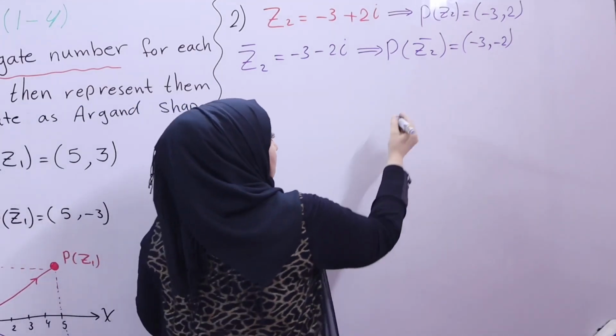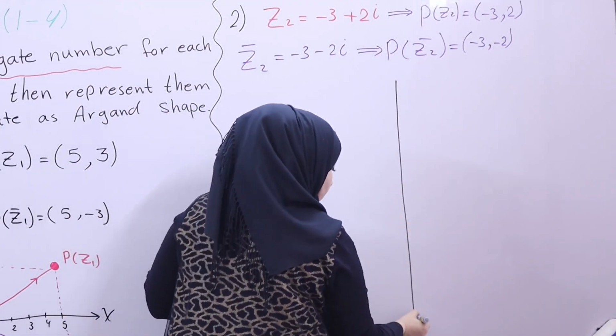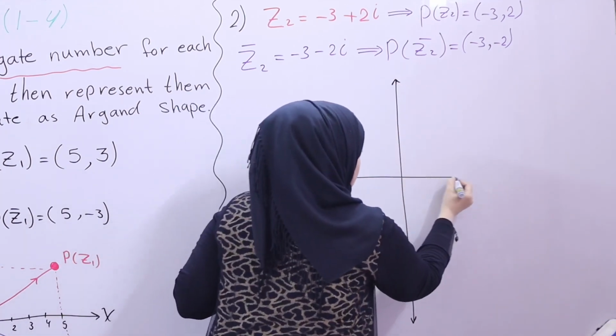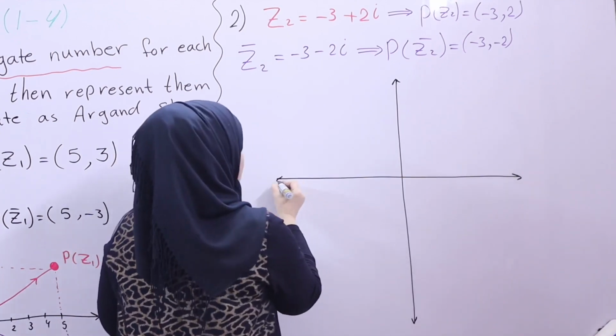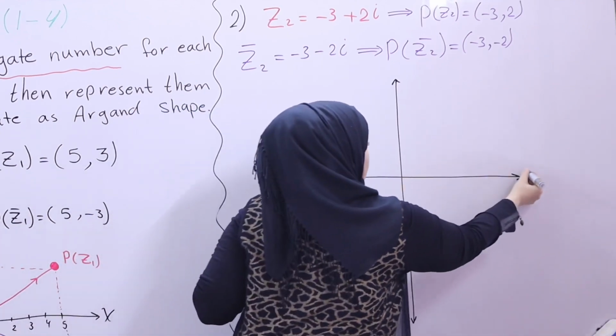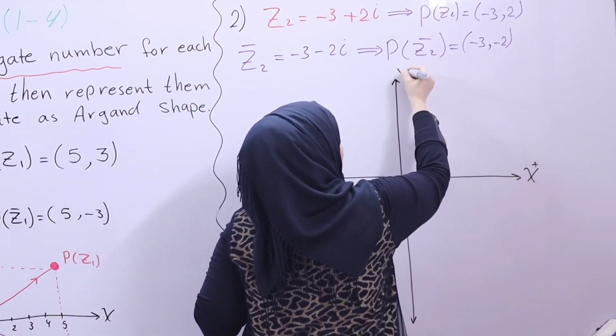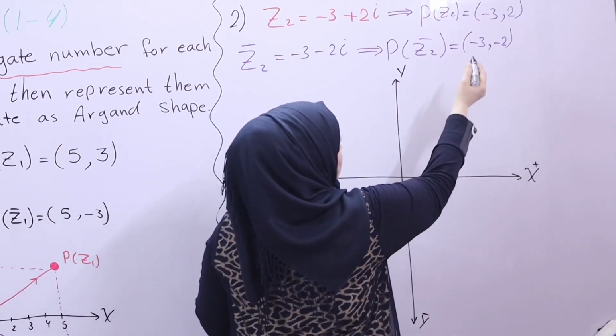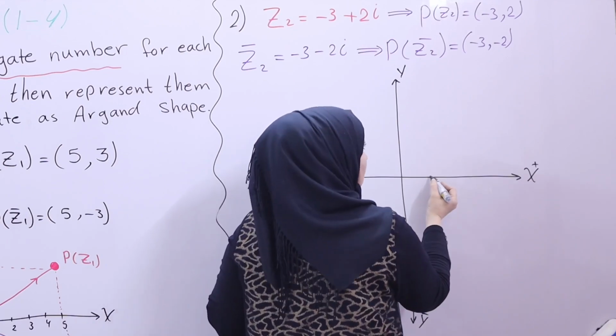So we draw the 2 axes, the horizontal and the vertical axis. X negative, X positive here, Y positive, and here is Y negative. And we see the points that we need to mark.